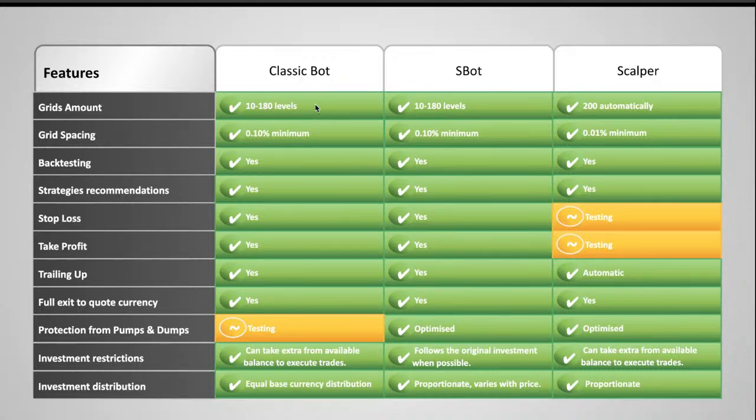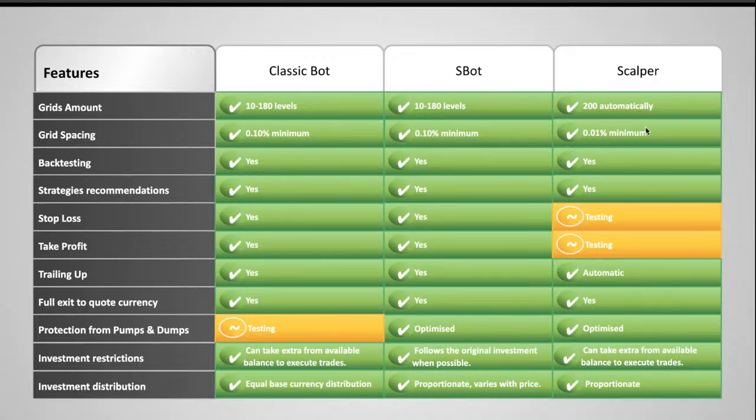In the case of the classic bot, you can place up to 180 grid levels. Same with the S bot. The minimum requirement is 10 trades. Same with the classic bot. The spacing here is also 0.10, 0.10. But in the case of the scalper, the grid spacing is reduced down to 0.01%.